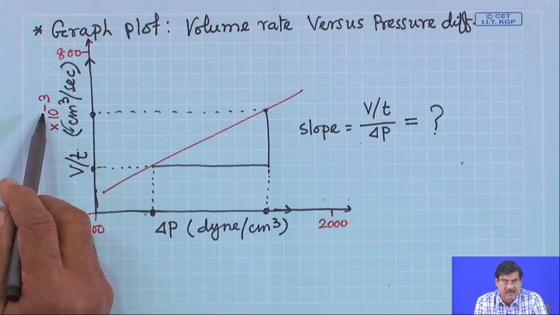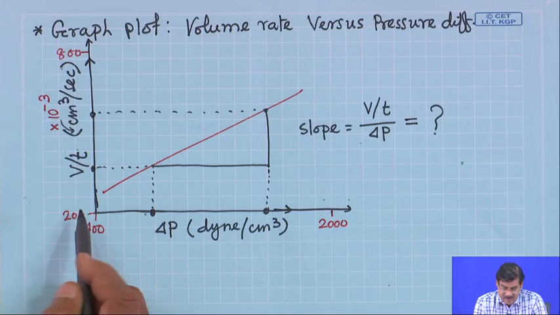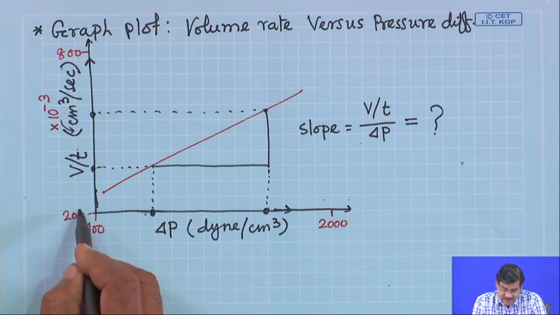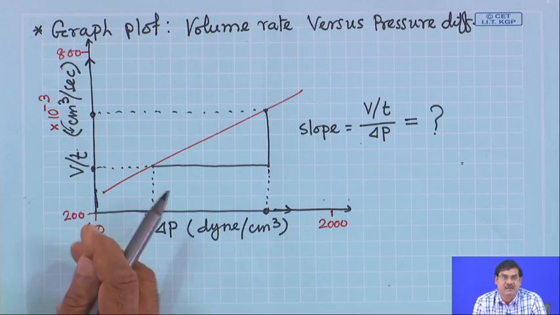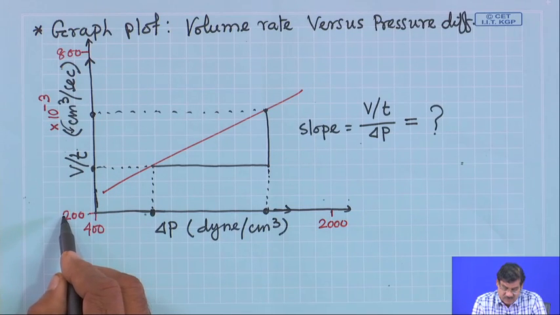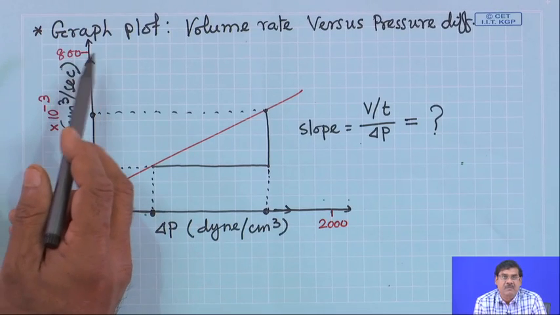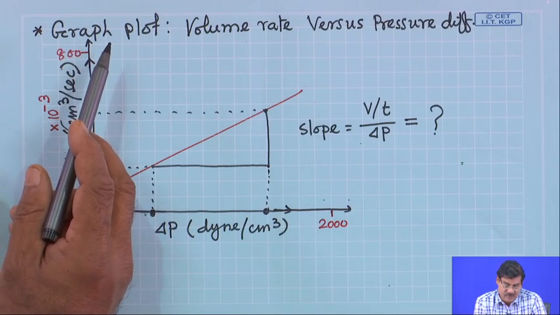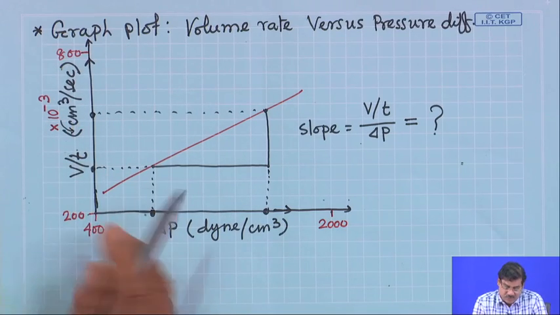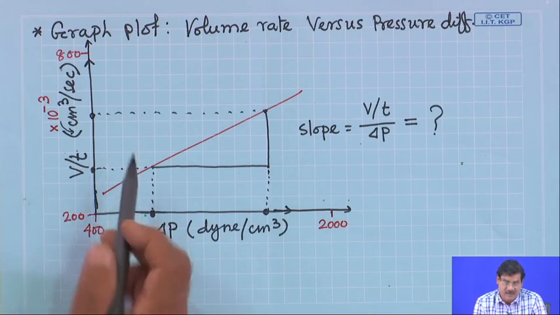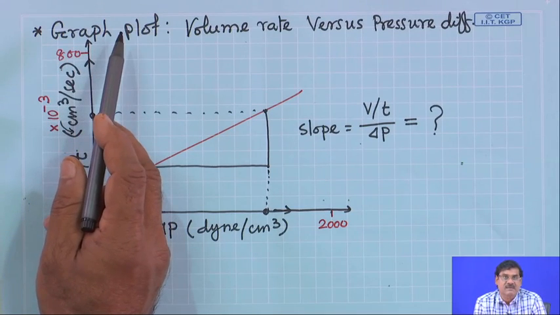But if it is 10 to the power, say, minus 17 or minus 21, you cannot do that. Either you can define 10 to the power minus 3 here, with 0.2 into 10 to the power minus 3 and 0.8 into 10 to the power minus 3, or you can write 200 into 10 to the minus 3 and 800 into 10 to the minus 3.